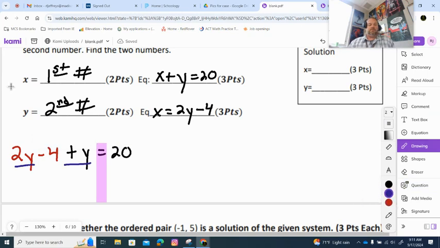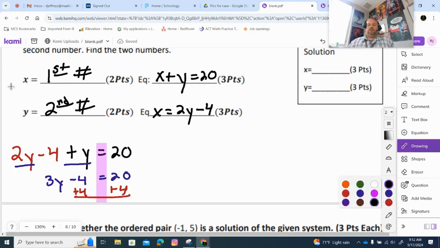So 3y minus 4 equals 20. Add 4, add 4. Well, that gives me 3y equals 24.